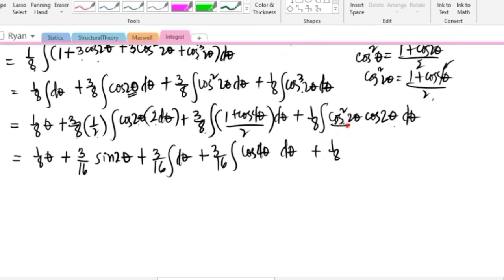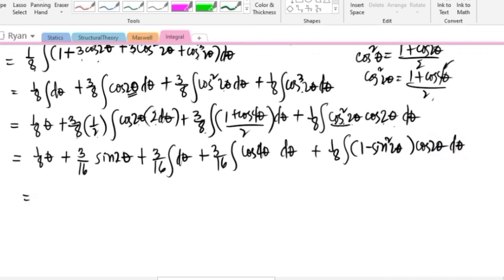Itong cosine squared 2 theta ay express natin in terms of sine squared using the Pythagorean identity. So we have here 1 minus sine squared 2 theta multiplied by cosine 2 theta d theta.